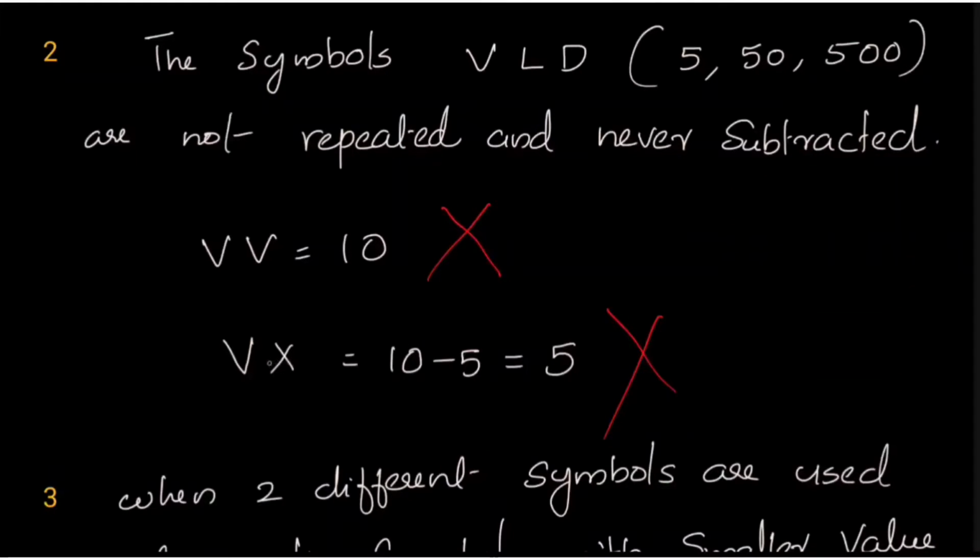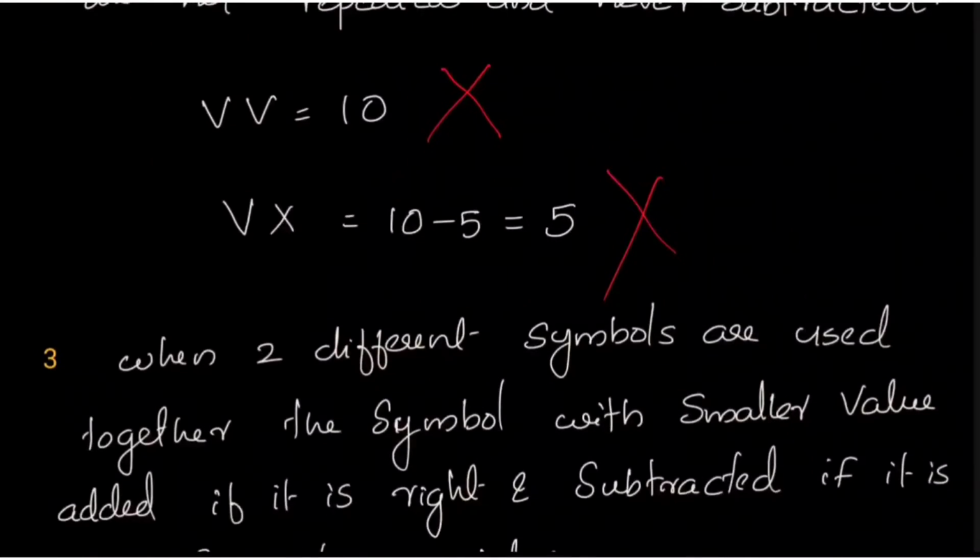That is one of the rules. So here VX represents X minus V, that is 10 minus 5. It is equal to 5 naturally, but it is not the correct way of representation. That is, V, L, D cannot be repeated and can never be subtracted. That is the second rule we have to remember. Next is our third rule.